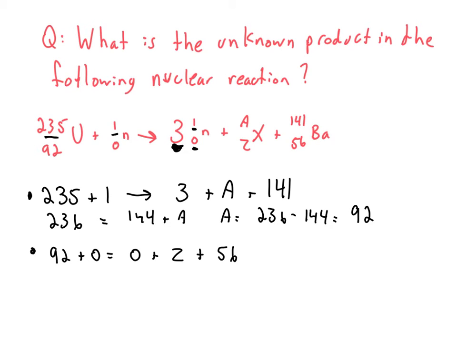Now we know that Z has to be 92 minus 56, which is going to equal 36. And now we have our answer already, but let's put this together. So here's our atomic number. Atomic number 36 is krypton. So that's krypton 36 with a mass number of 92, or number of nucleons equal to 92.